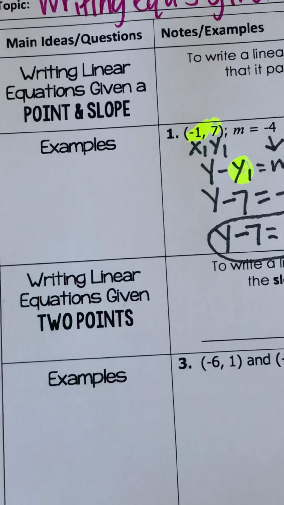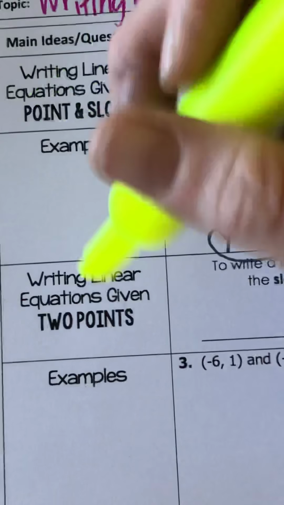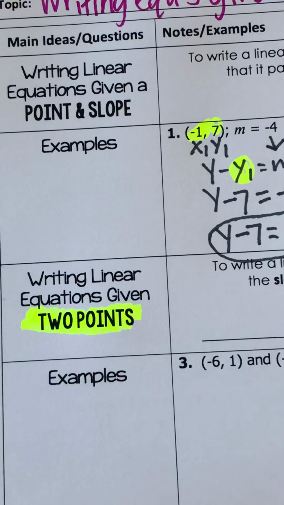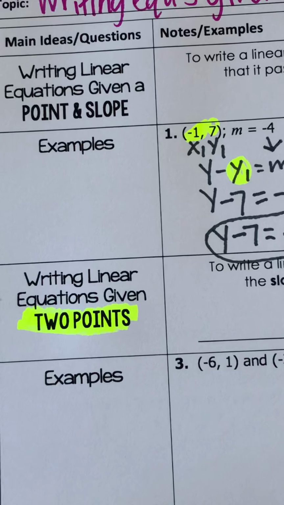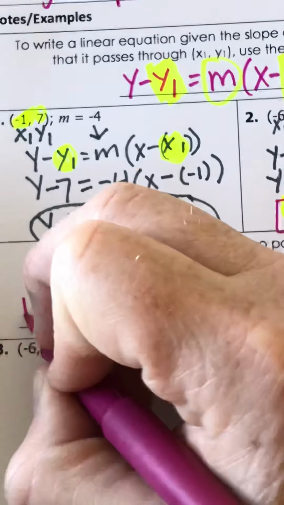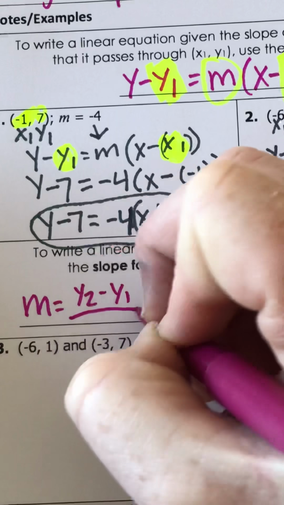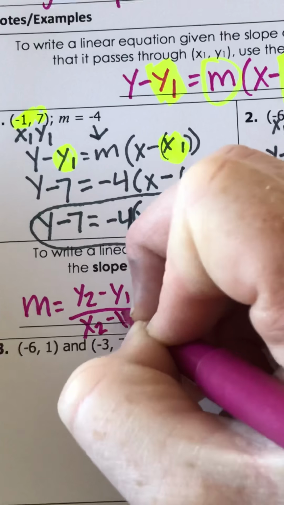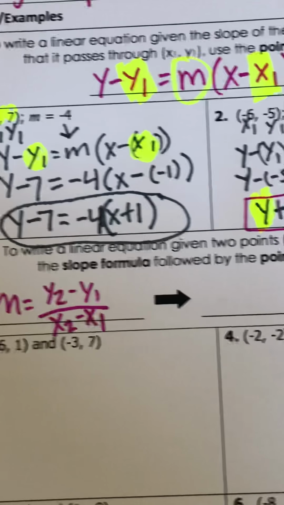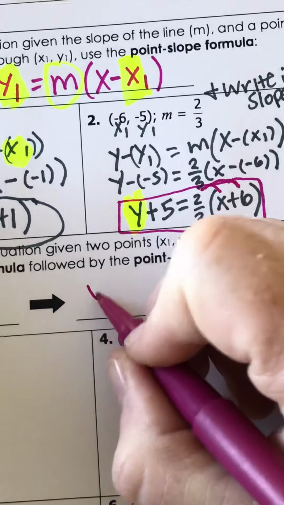Okay, so write a linear equation. To write a linear equation given 2 points now, we're going to use the slope formula to find the slope, followed by the point slope formula. Okay, so you're going to have to find the slope of these. y2 minus y1 over x2 minus x1, and then you're going to plug it into point slope form.